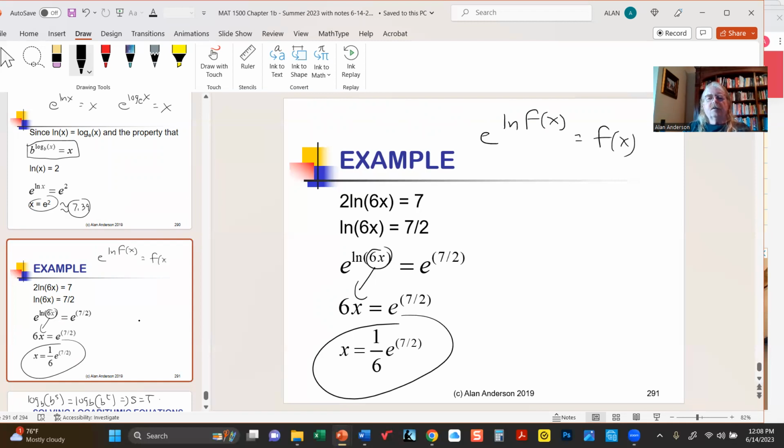In other words, this is just a special case of this. This applies for any function of x. So I've got 6x equals e to the 7/2, which is, of course, a constant, and this is my final result. And that's some value. We can look it up on our calculator if we really need to.